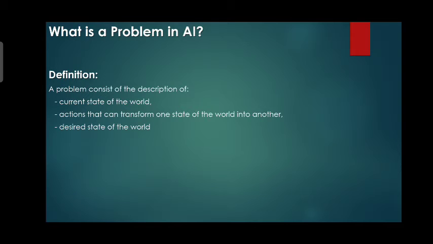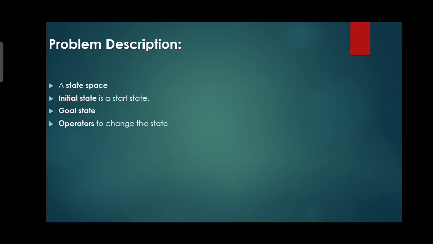Next we are going to see what the description is, meaning how we can describe a problem and what parameters are required in it. We can describe a problem using a state space. As we discussed in our last lecture, a state space is basically a collection of all the possible states that we can reach from the initial state.